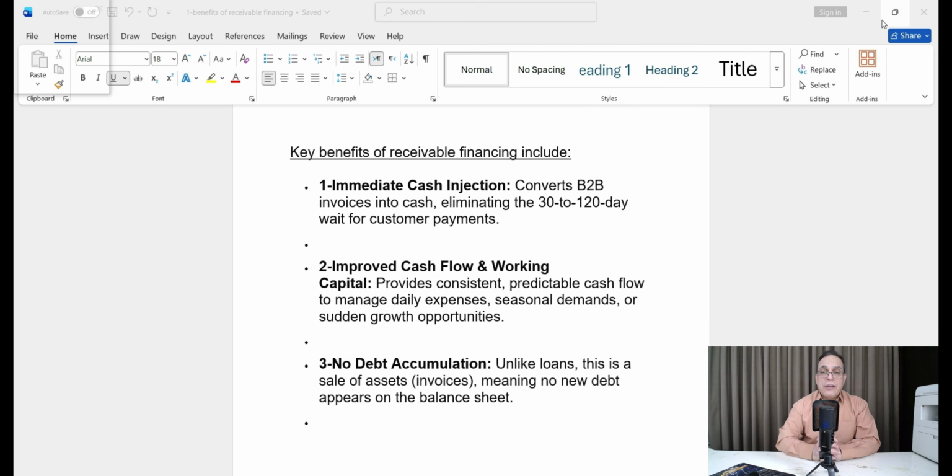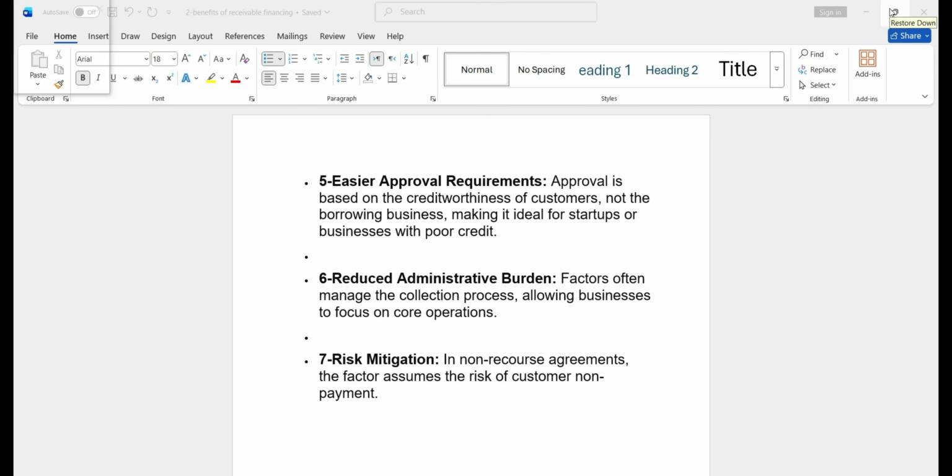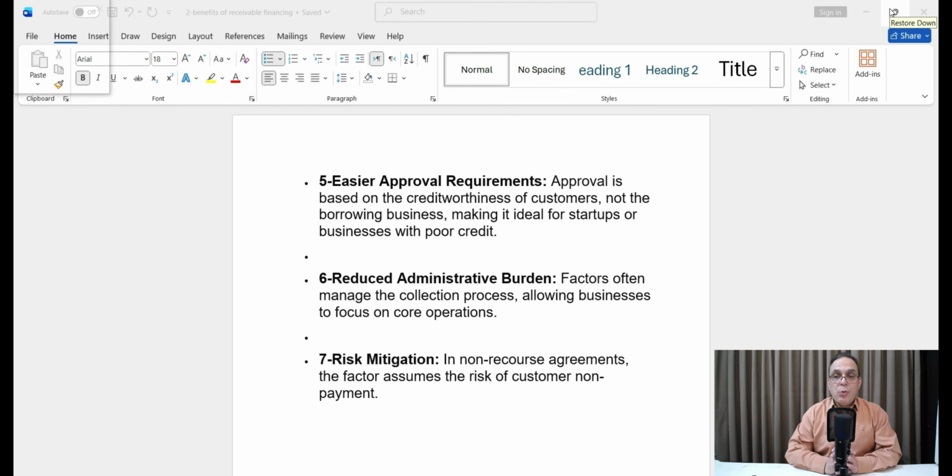3. No debt accumulation. Unlike loans, this is the sale of assets, invoices, meaning no new debt appears on the balance sheet. 4. Easier approval requirements. Approval is based on the creditworthiness of customers, not the borrowing business, making it ideal for startups or businesses with poor credit. 5.